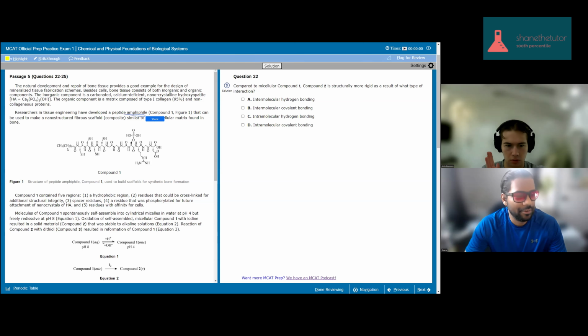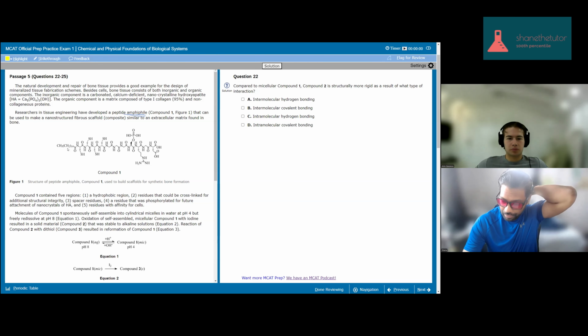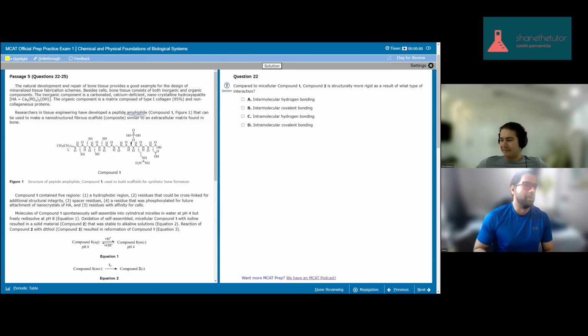Notice how they said amphiphile here. What the amph part means is both, like if you're ambidextrous. Here it means that it would be soluble in both, hydrophilic and lipophilic.